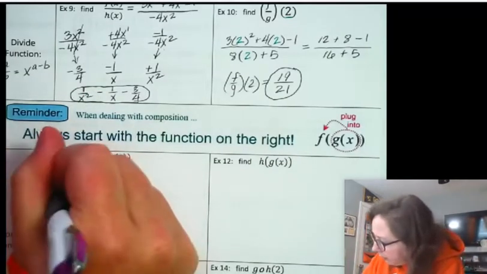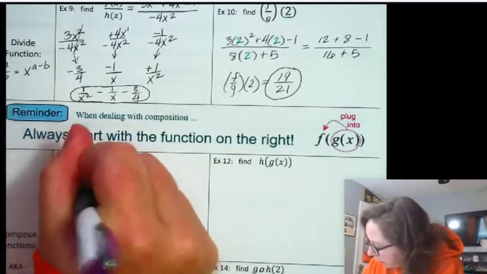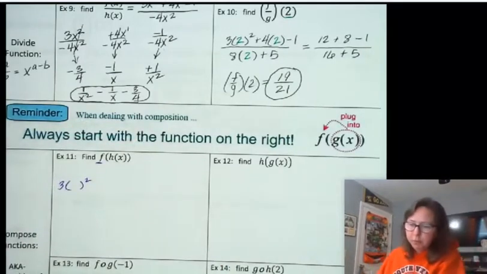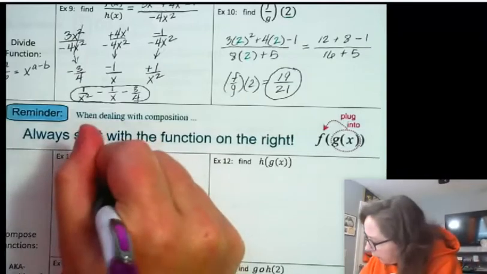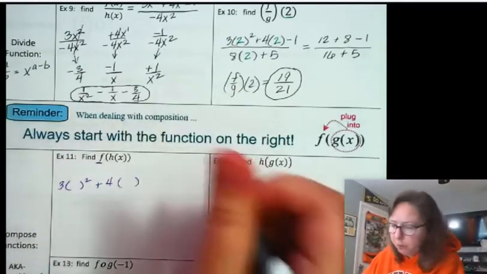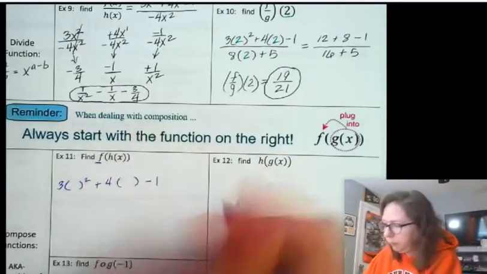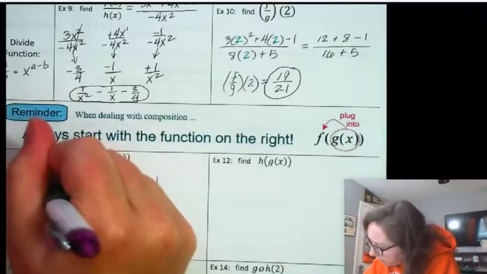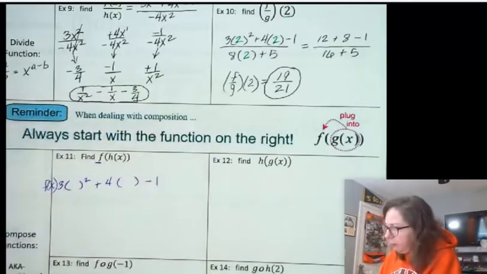Let's see. 3x squared plus 4x minus 1. So that's f of x. Okay.